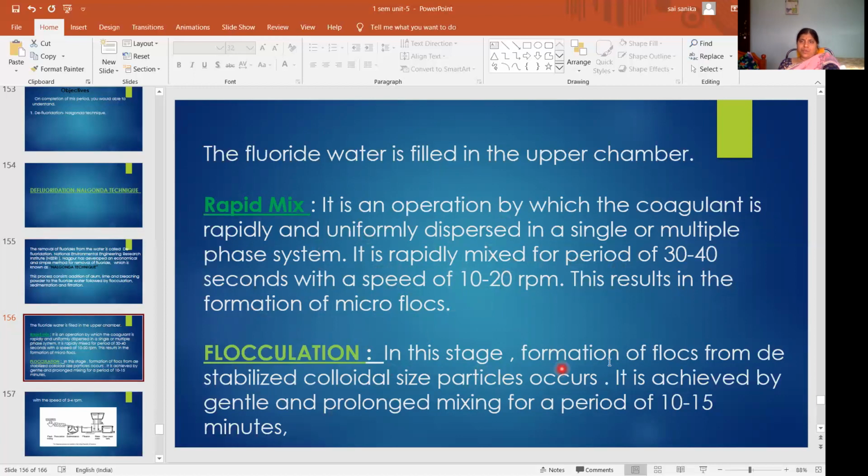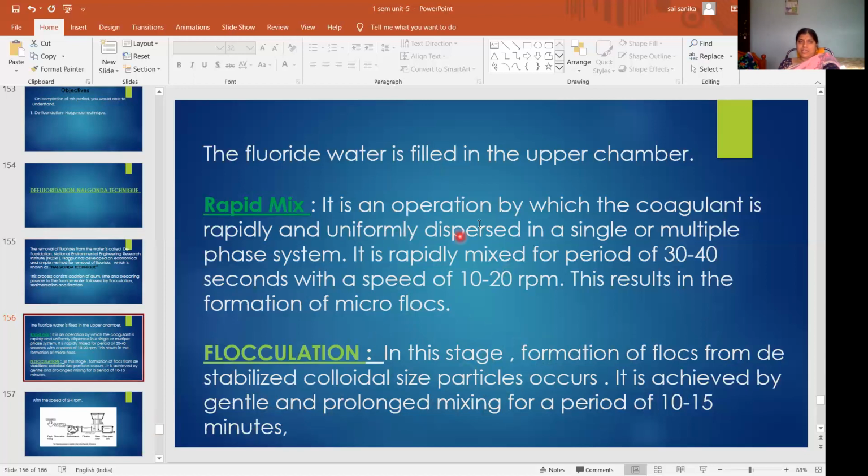In this stage, formation of flocs from destabilized colloidal size particles occurs. It is achieved by gentle and prolonged mixing for a period of 10 to 15 minutes.